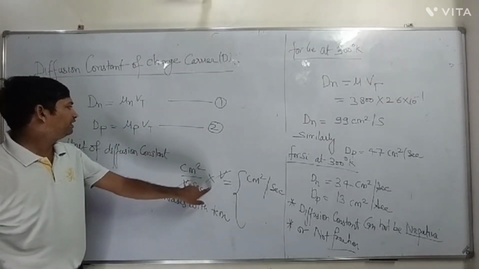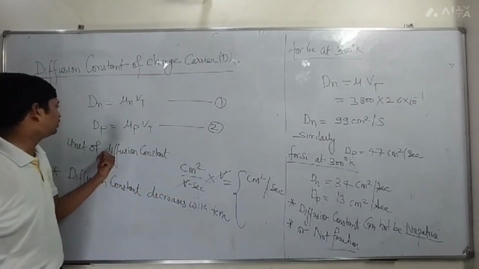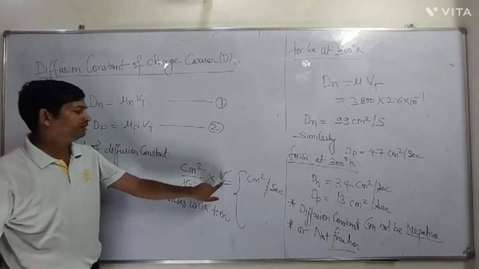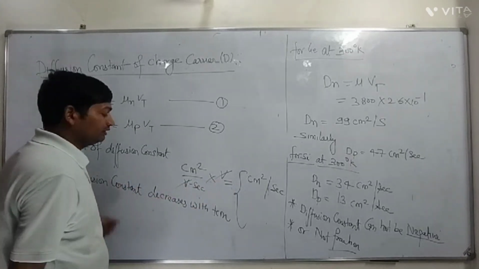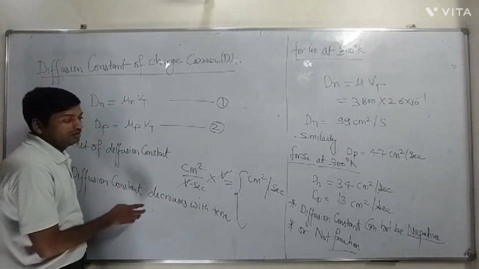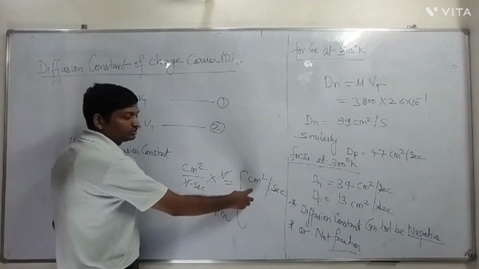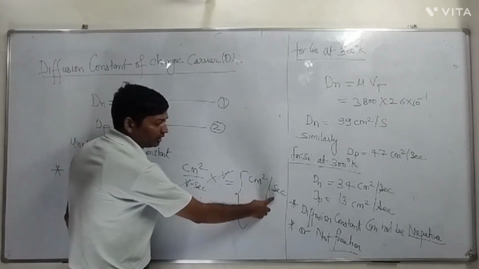The volt cancels out, so the unit of the diffusion constant is centimeter square per second.